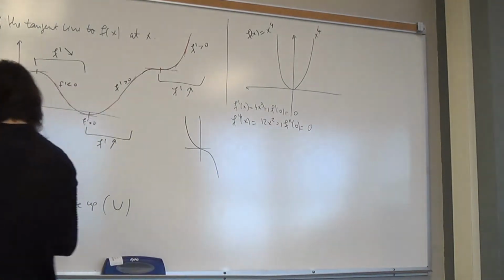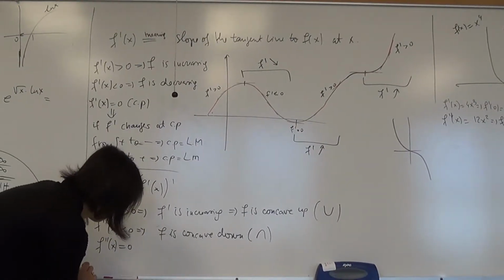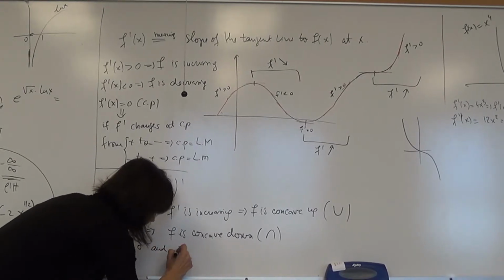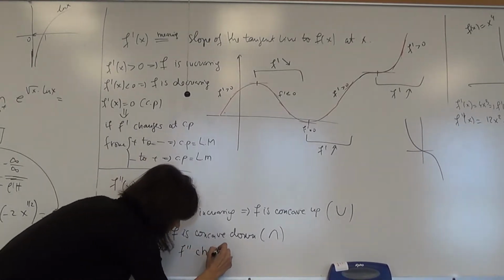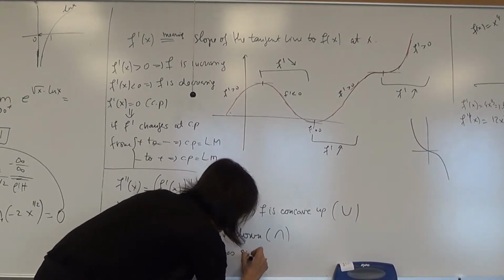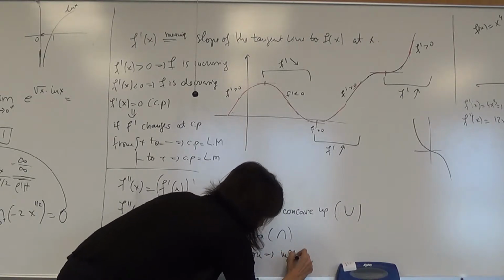So f double prime equals 0, and if f double prime changes concavities or signs, then at that point I have an inflection point.